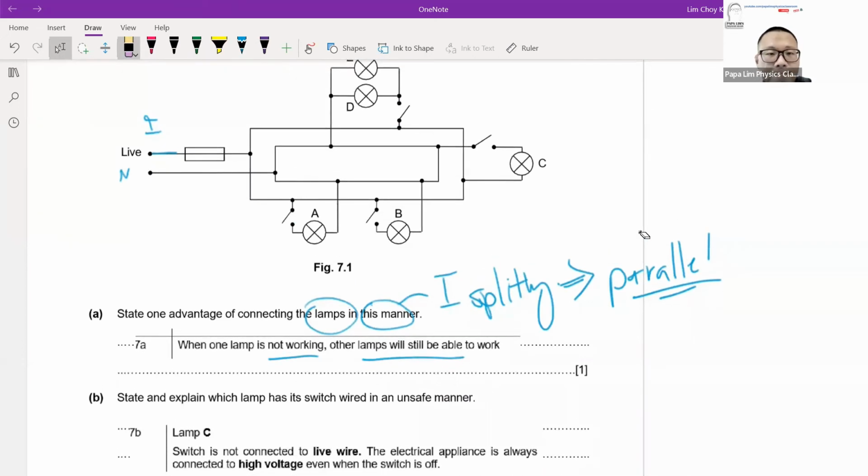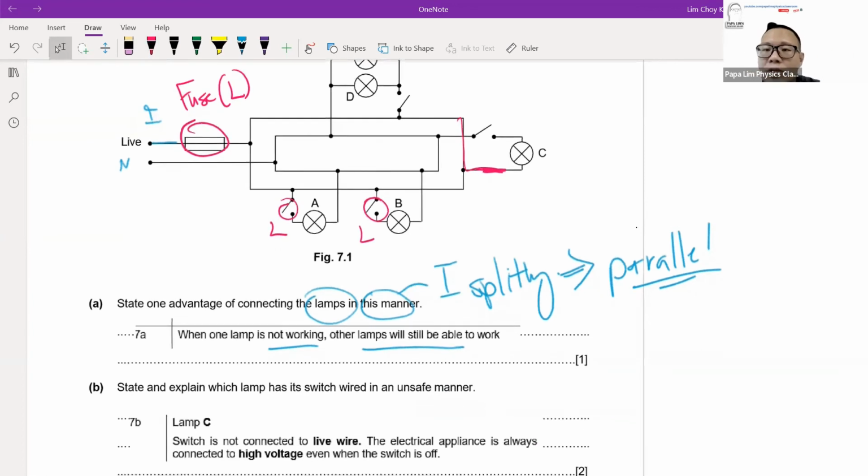Now remember when we talk about unsafe manner, for example, the fuse. The fuse has to be connected in the live cable. Your switch must always be connected in the live cable. C is the only light bulb whereby the switch is in the neutral cable.